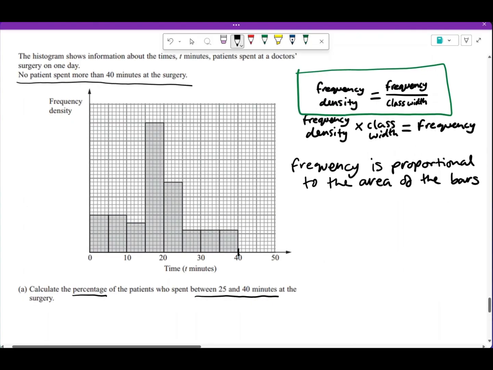Now, if we consider what the question is asking for, it wants a percentage. In order to get a percentage, you first need a fraction. So we need to determine the fraction of the patients who spent between 25 and 40 minutes at the surgery.